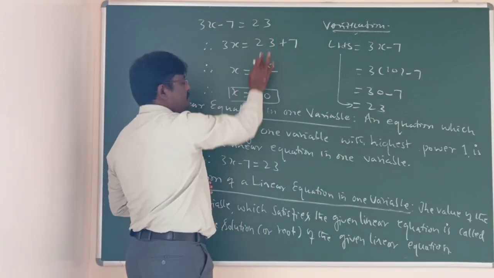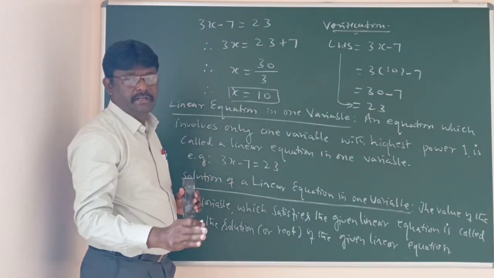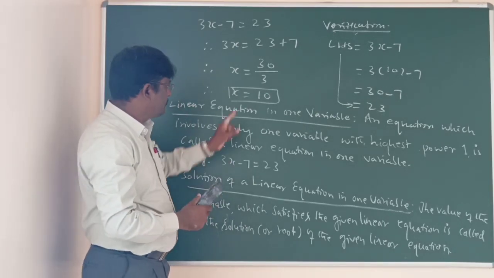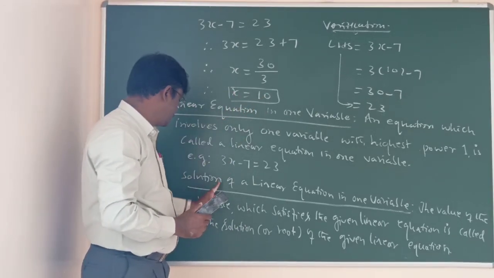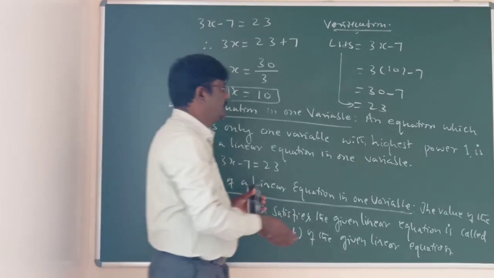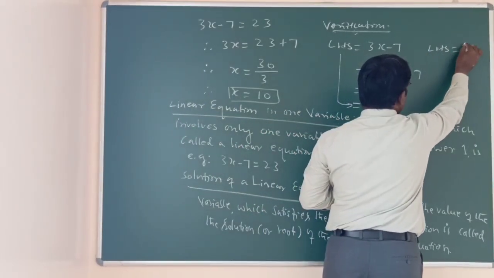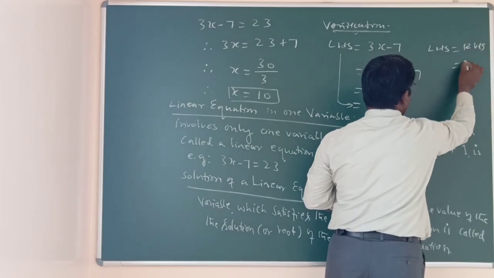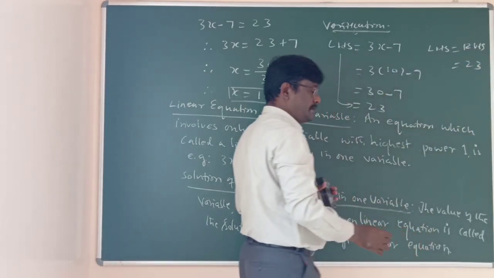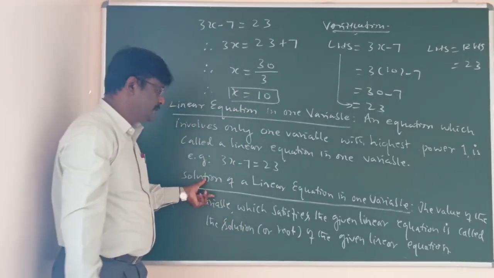Just look at RHS, 23. Then only the value of the variable is known as the solution. Therefore here LHS equal to RHS equal to 23. I hope you got the meaning of solution, children.